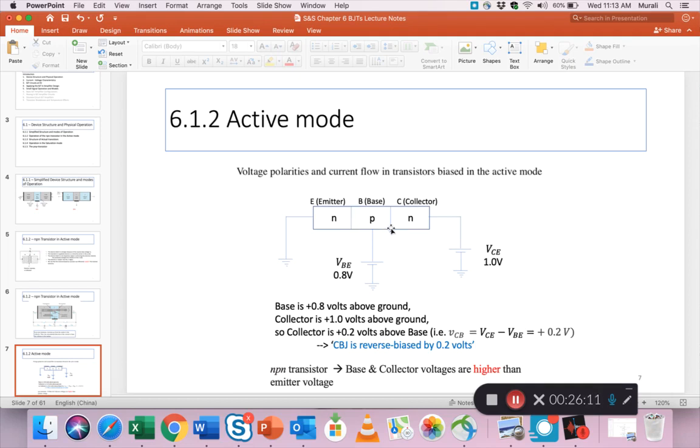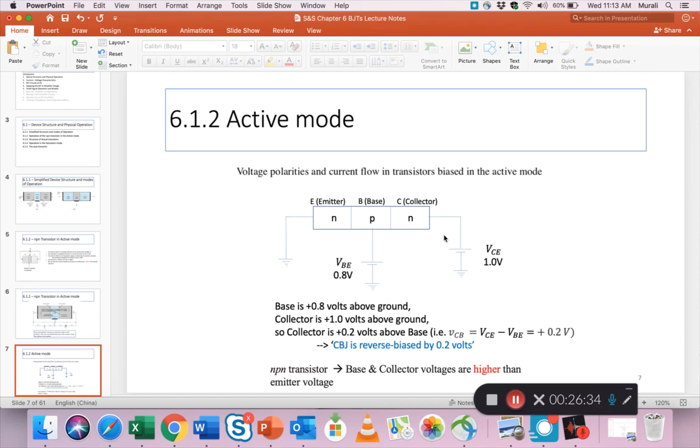Then you can say it's reverse biased, which is exactly what we have done by this arrangement. So the collector, because it's plus 0.2, slightly positive, right? Not too much, but enough that we can say that the collector base junction is reverse biased by 0.2 volts.